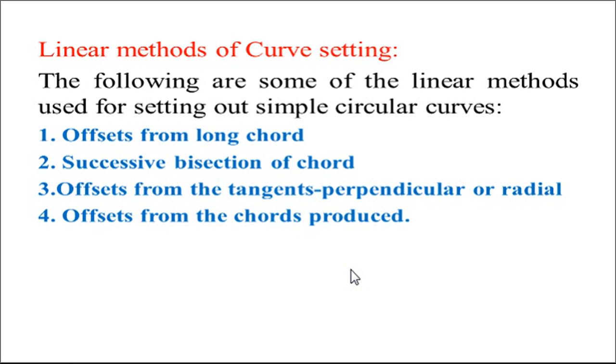One is offset from the long chord. Second, successive bisection of chord. Third, offset from the tangent, perpendicular or radial to the curve. And fourth, offset from the chord produced. These methods we are going to study in detail one by one.